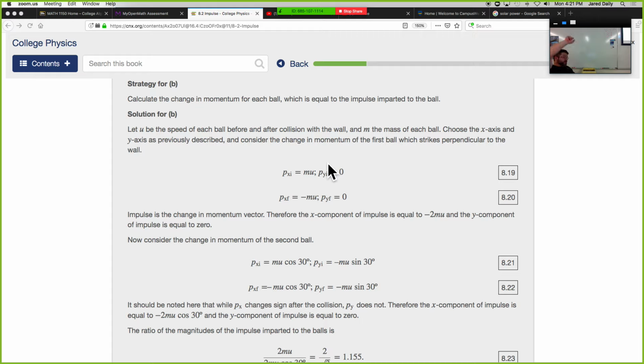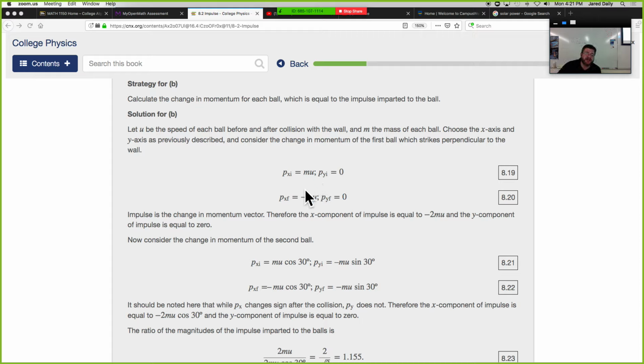It's not going parallel to the wall at all, right? Parallel to the wall is the y direction, straight into the wall is the x direction. So there is no component for the y side of things. The initial y momentum and the final y momentum in the first part is just 0.